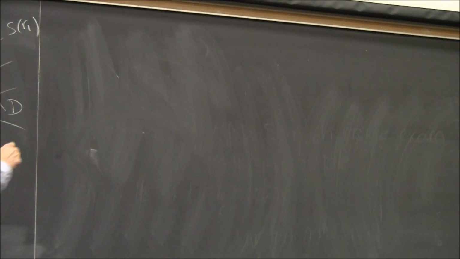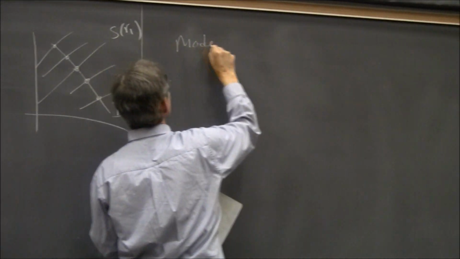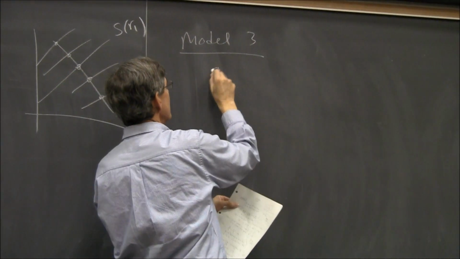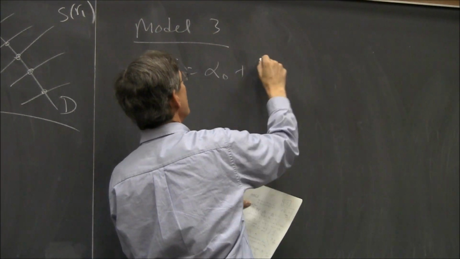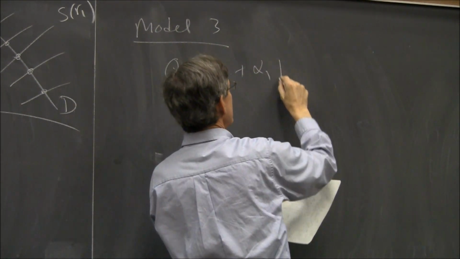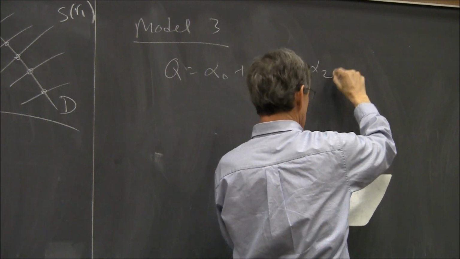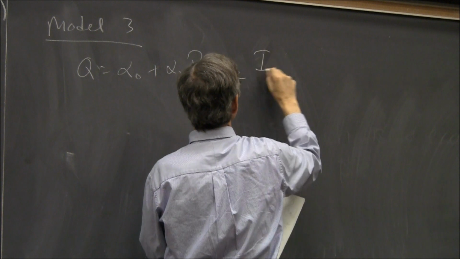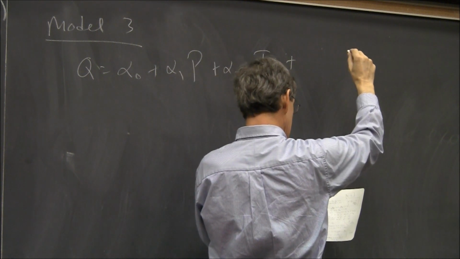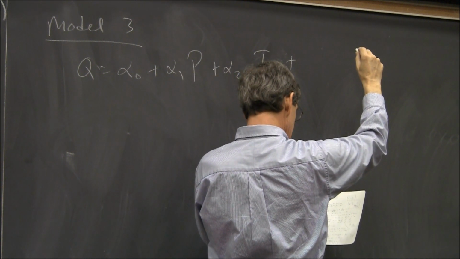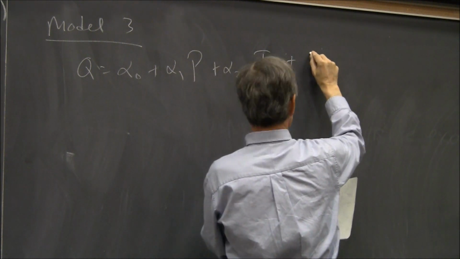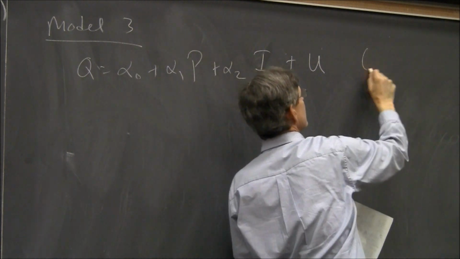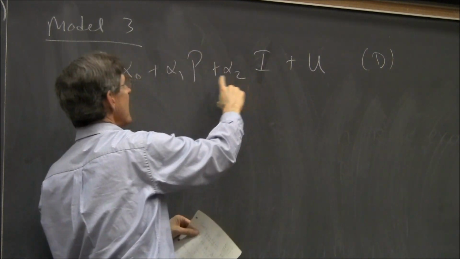Okay. So this is model 3. I don't think I called them model 1 and model 2 before, but this is our third case we've looked at. Q equals alpha 0 plus alpha 1 P plus alpha 2 I, using I for income, plus some error U. So that's demand, and it depends upon income and prices.